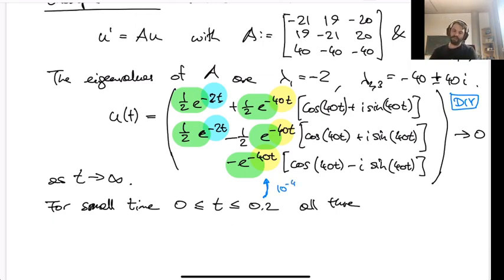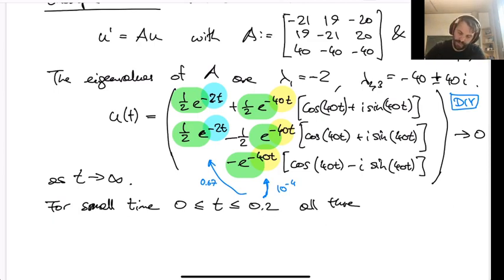Whereas this bit here will be of the order e to the minus 0.4, which is 0.67. So this bit, on the other hand, will only be 0.67. So this thing will be almost disappeared, whereas this bit is still fairly large.